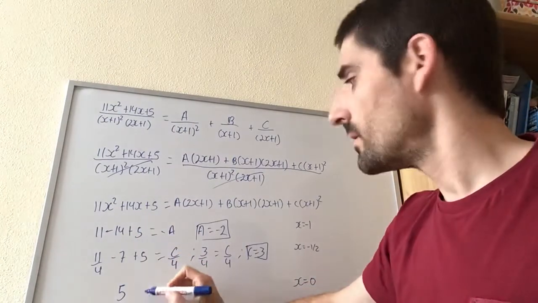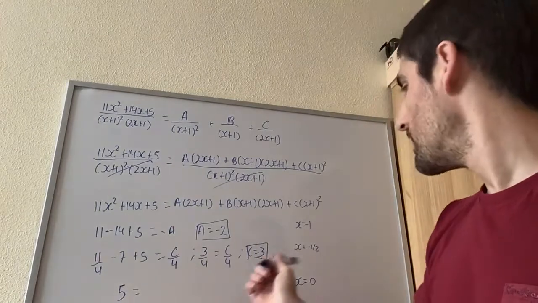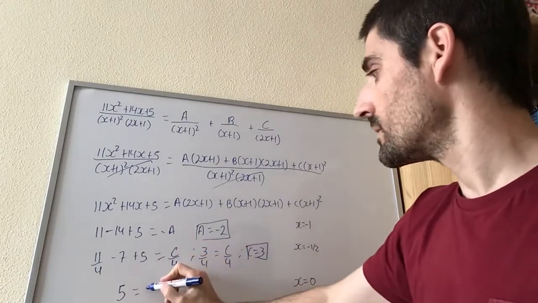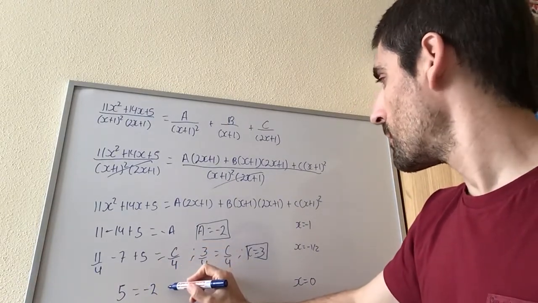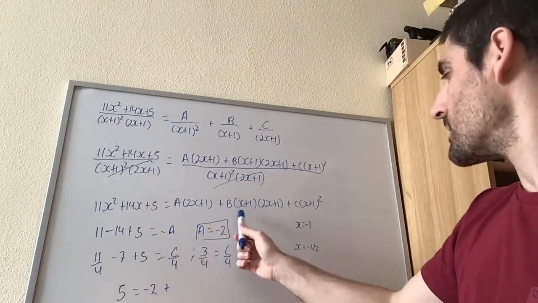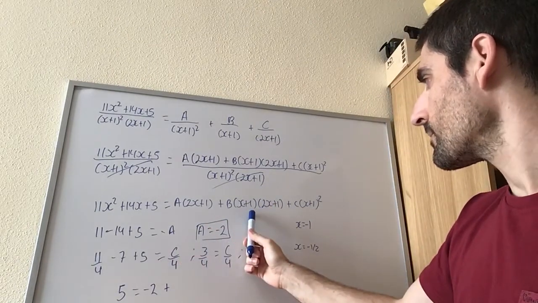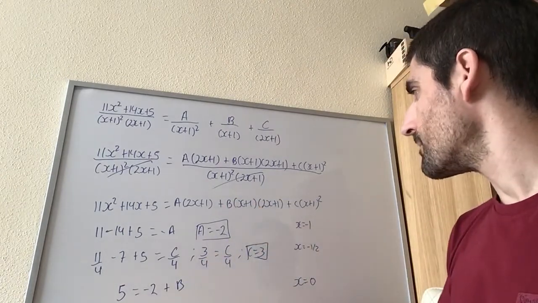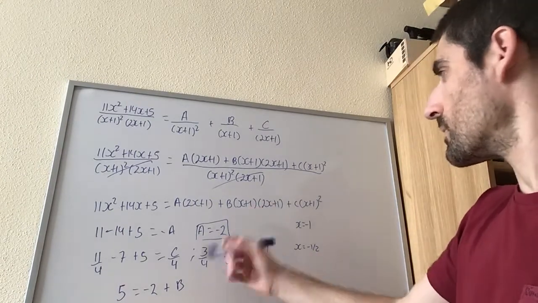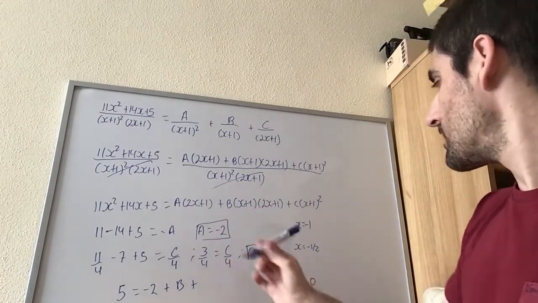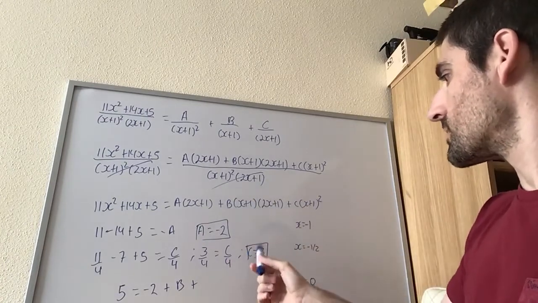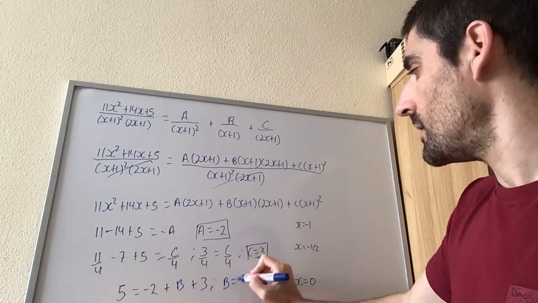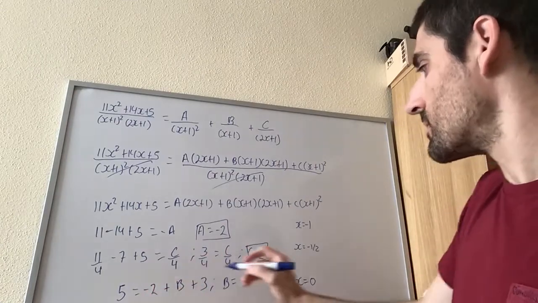So 5 equals 0 plus 1 is 1 times minus 2 is minus 2, plus, I don't know b, but 0 plus 1 is 1, and 1 times 1 is also b. Plus 1 squared is 1, c was 3, so 3. So b equals 5 plus 2 is 7 minus 3 is 4.